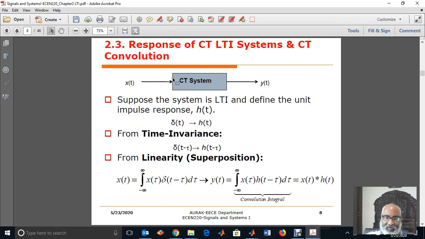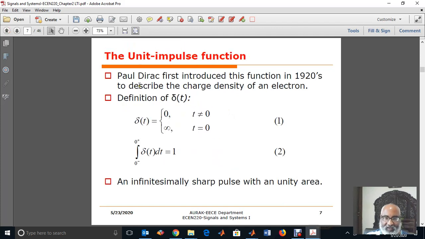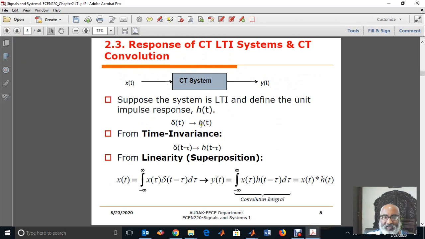The system is like this block, I represent it with a certain block. It has an input x of t and an output y of t. If I give an input Dirac t, the impulse function that we defined here, then the output is h of t.